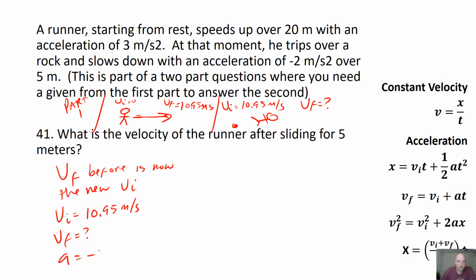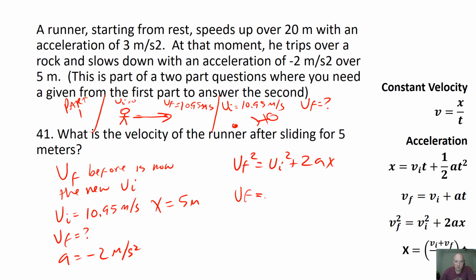A, they tell you, is -2 meters per second squared, and you're going to do this for 5 meters. So VF equals VI plus AT. Oh no, not that one. We're going to go with VF squared equals VI squared plus 2AX. And you can't assume that this person stopped. He slid 5 meters. We're going to find out what velocity he's going right now.